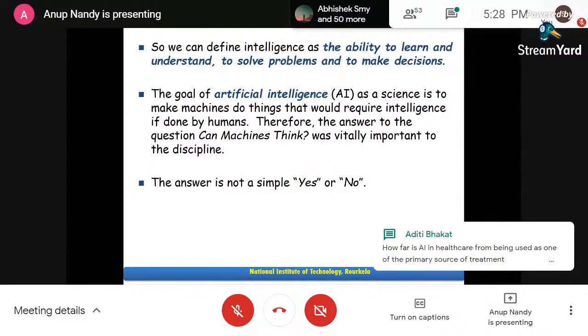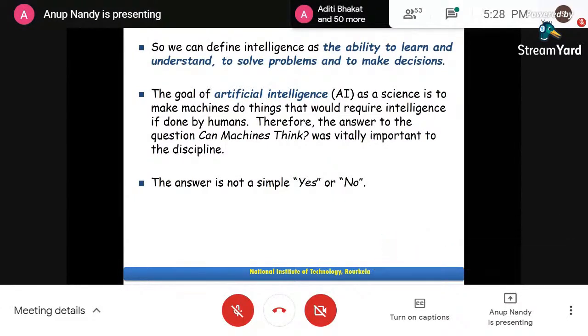Okay, but the question comes: if you could transfer this human intelligence to machines, and make a machine in such a way that it thinks the way humans do, then the machines can do the same job, and it will have decision-making ability. We humans have this intelligent power and decision-making ability.